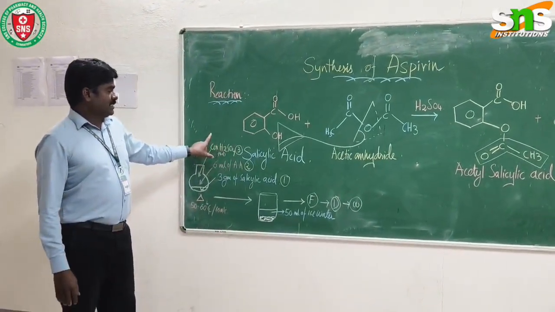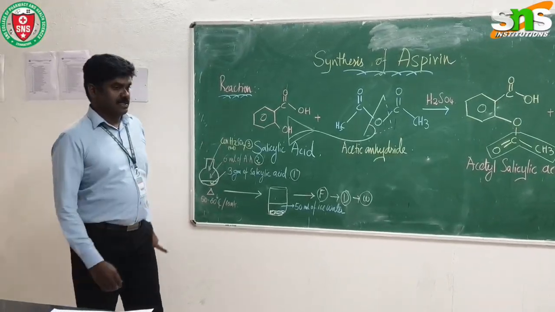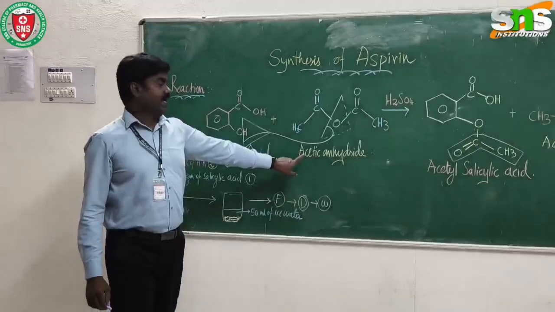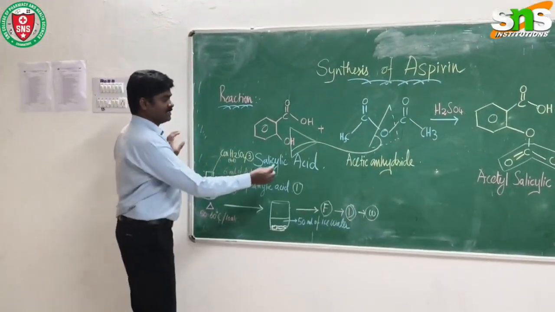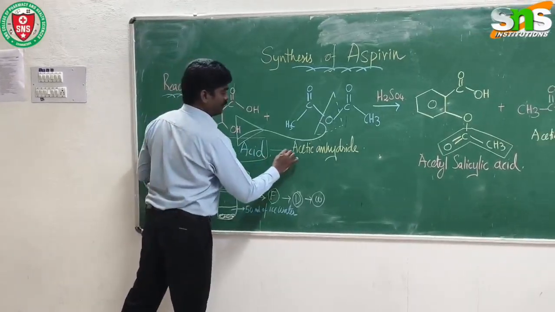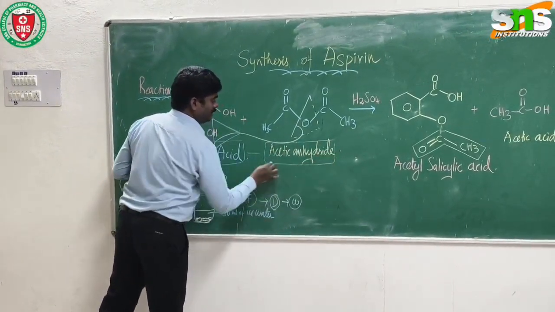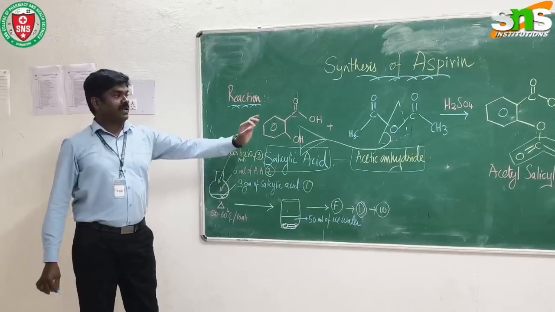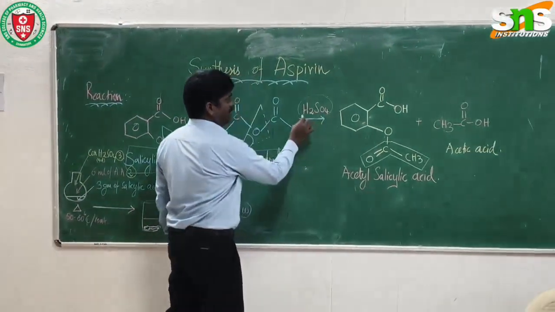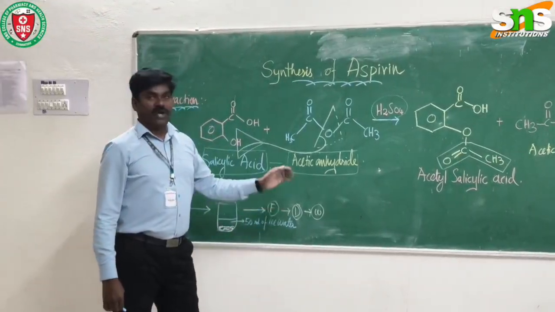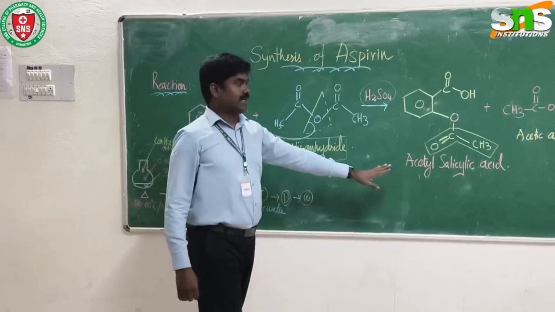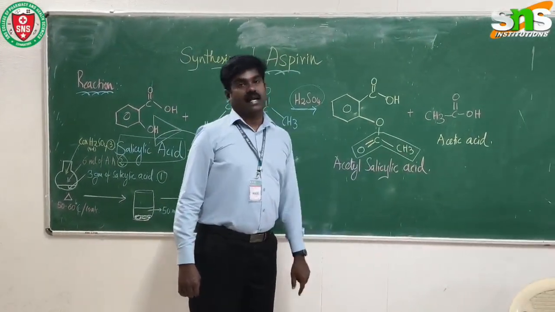Salicylic acid is allowed to react with acetic anhydride in the presence of sulfuric acid, H2SO4, which provides the acidic medium, and it will give acetylsalicylic acid and acetic acid.